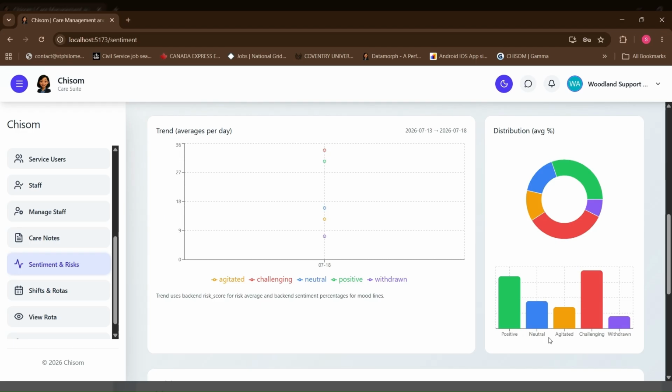Numerical data are the kind of data that show numbers, right? So now, if you click this, the value of positive is 30.5, neutral is 16, agitated 12.54, challenging 33.92, withdrawn 7.23. All these figures are numerical values. That is why this graph has been plotted, because it is easier to plot a graph with numerical values.